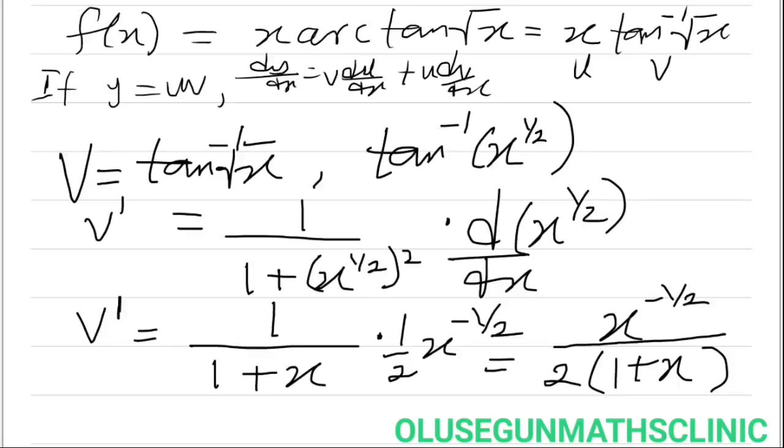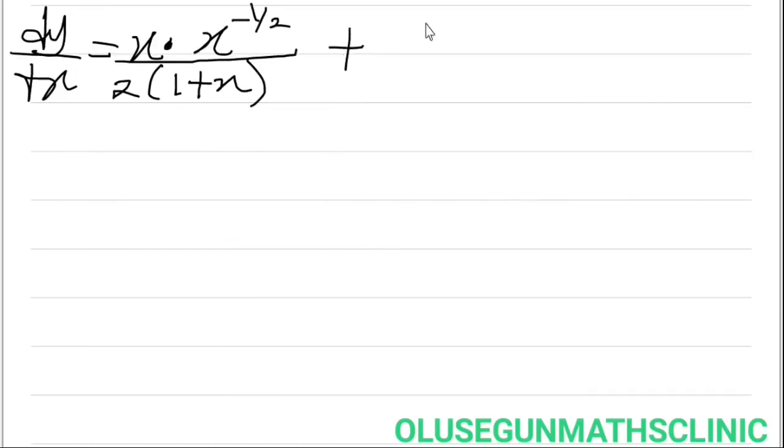Now plus, you differentiate x and you leave arctan root x. When you differentiate x, it gives you 1, and you leave arctan root x.